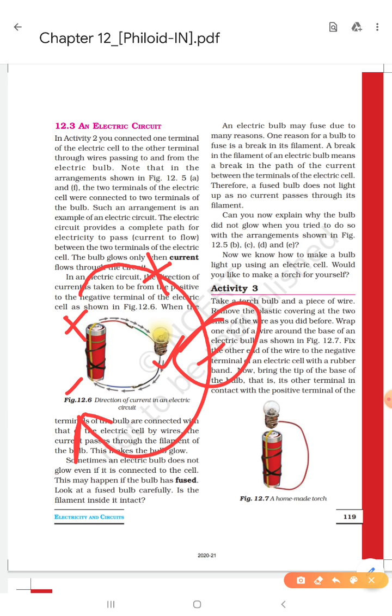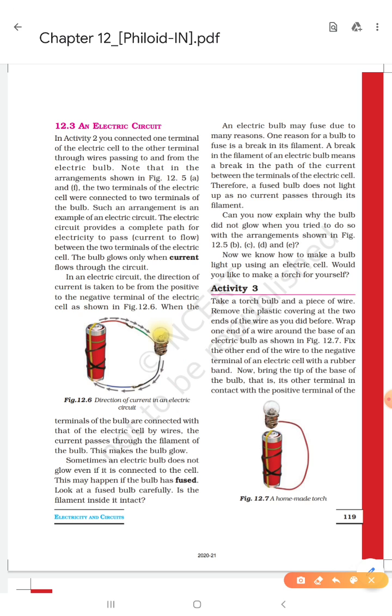A break in the filament of an electric bulb means a break in the path of the current, because current has to move from plus to minus. Only if current can complete this path from plus to minus can the bulb glow. Otherwise, the bulb cannot glow. If there is a break in the filament, then there will be no current. You should know this one.